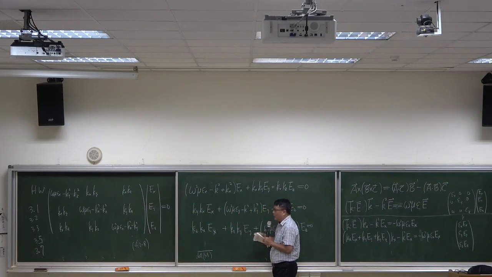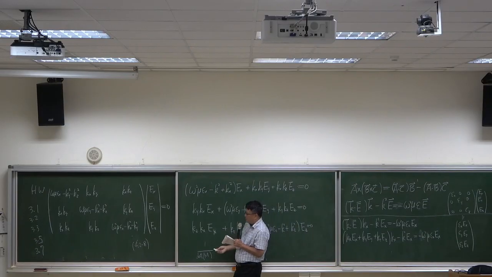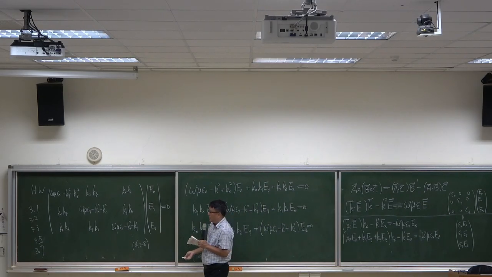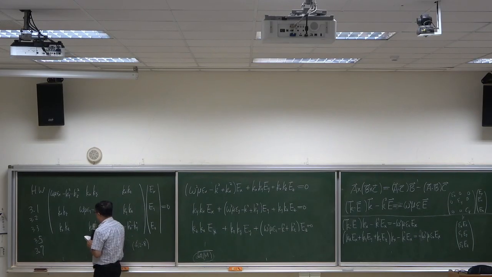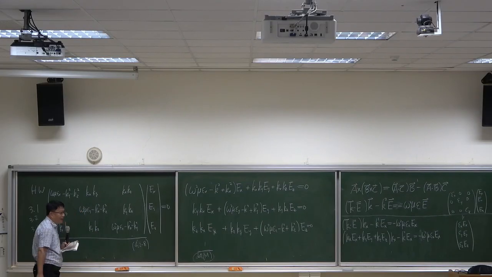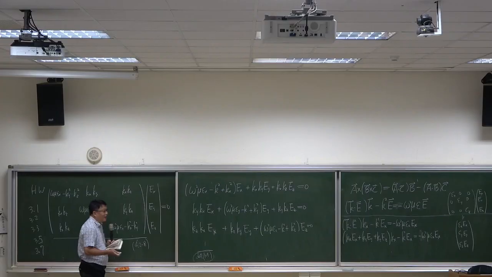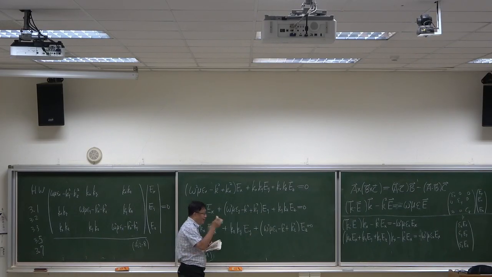So if we want E not equal to 0, then the determinant of the matrix must be equal to 0, so it has no inverse matrix. And this condition gives us the dispersion relation, which means the relation between the k vector and the omega.